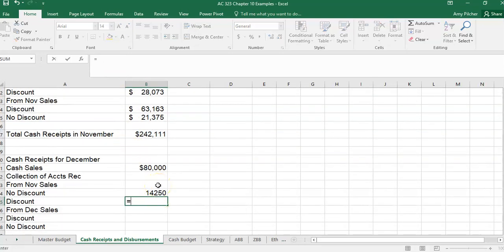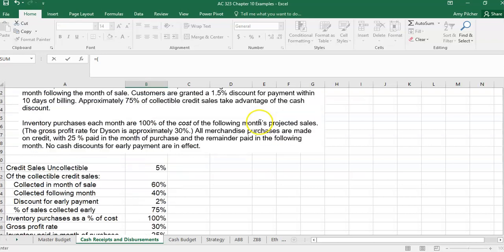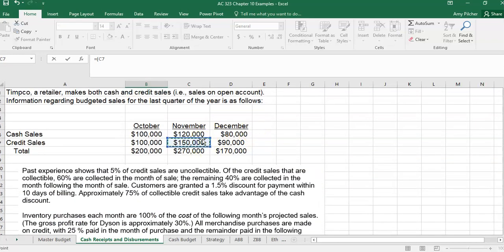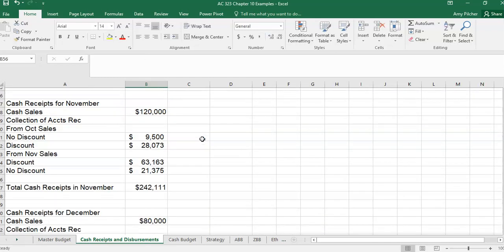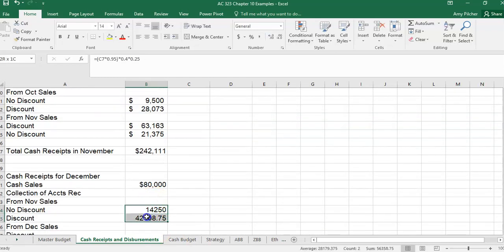And then for our discount, credit sales times 0.95 times 0.4 times 0.75 times 0.985. Those for our sales with discount.